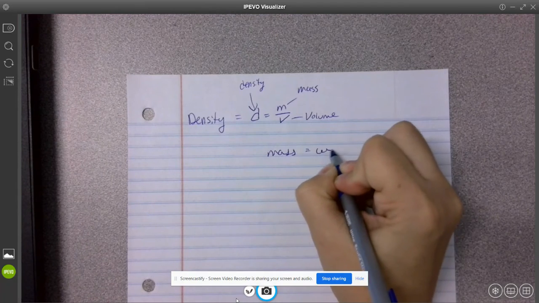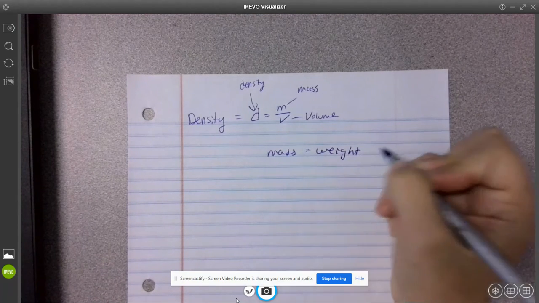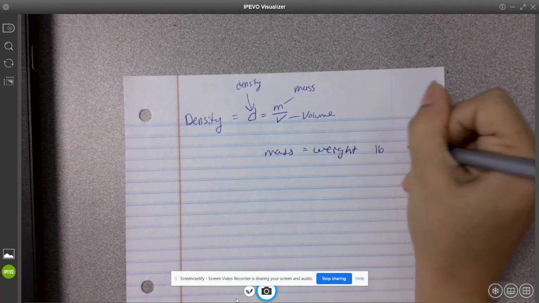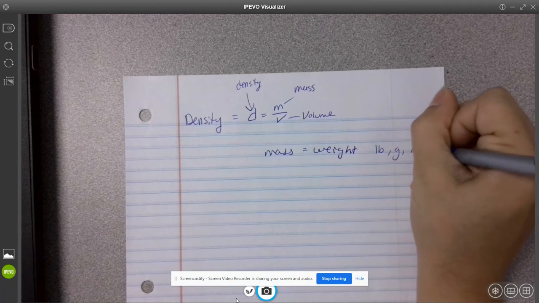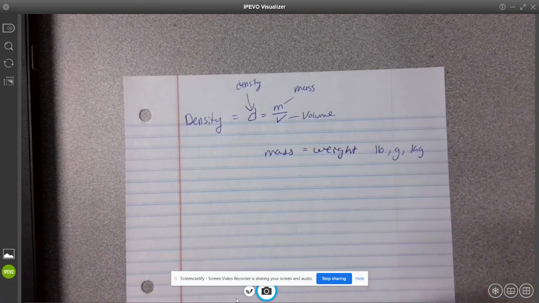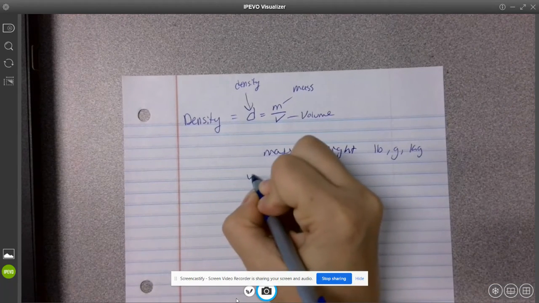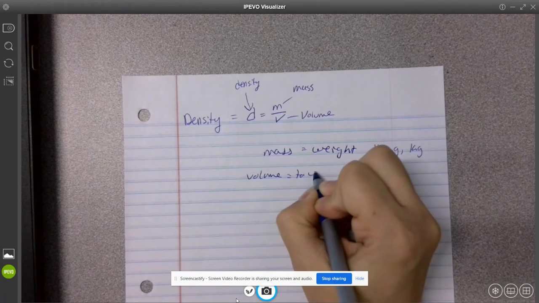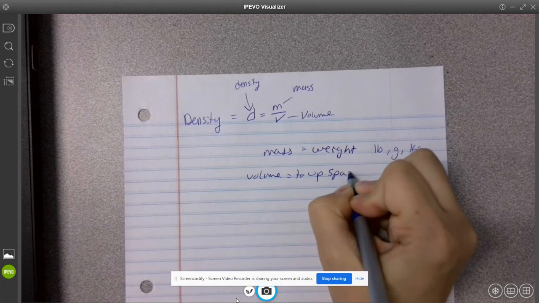Mass is something that has a weight to it. When we think of weight, we can think of pounds, grams, kilograms, etc. Volume, as we know, is something that will take up space.